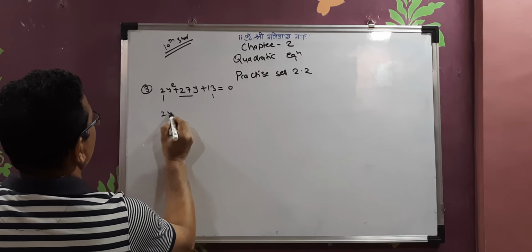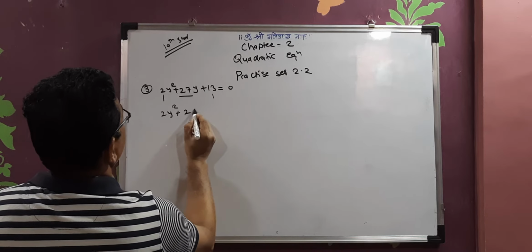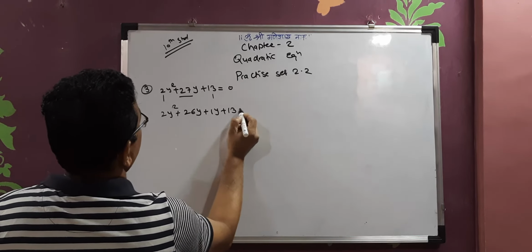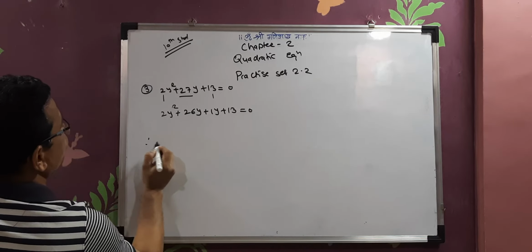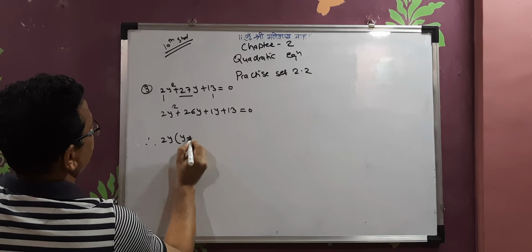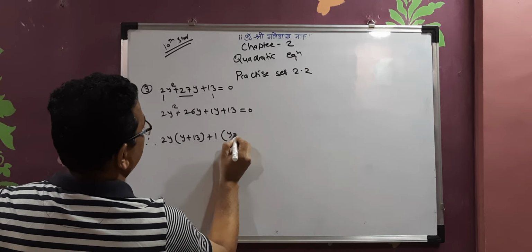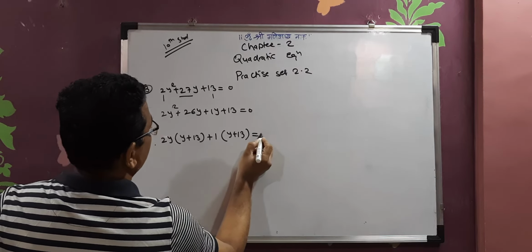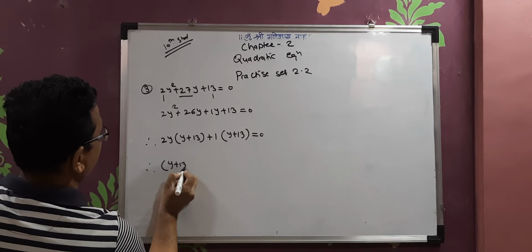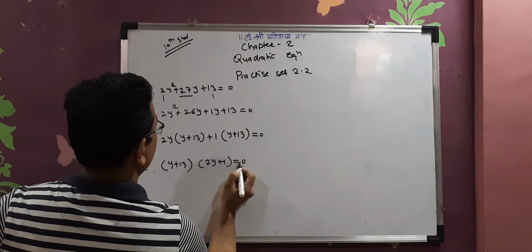So we'll put 2y square plus 26y plus 1y plus 13 is equal to 0. So what we'll do, we'll take 2y common. So here y will come, here 13 plus 1 will get common, y plus 13 is equal to 0. So this y plus 13 is common and plus 2y plus 1 is equal to 0.